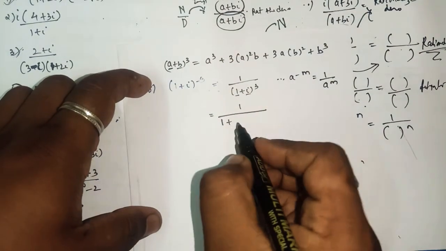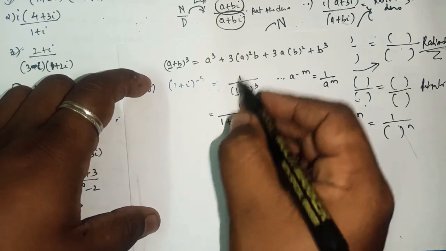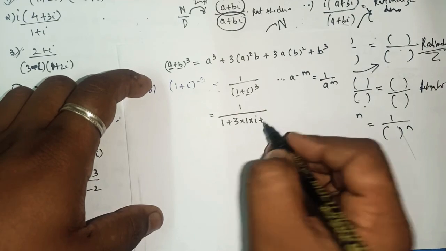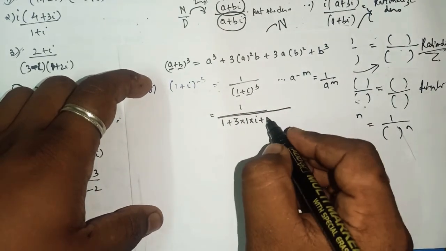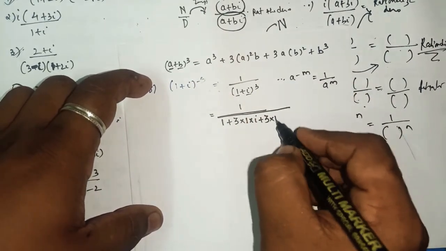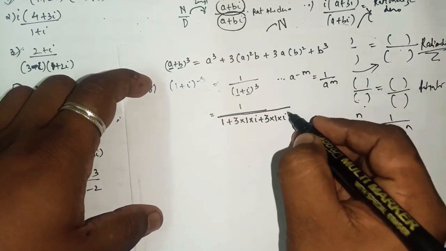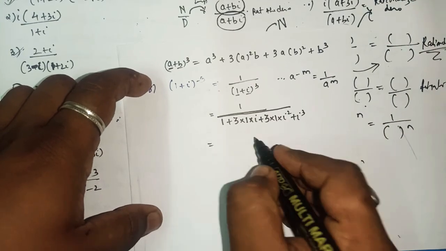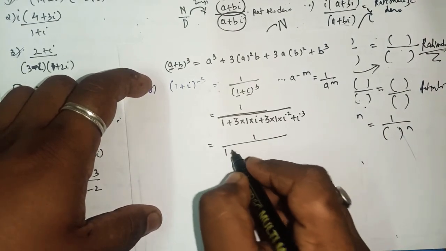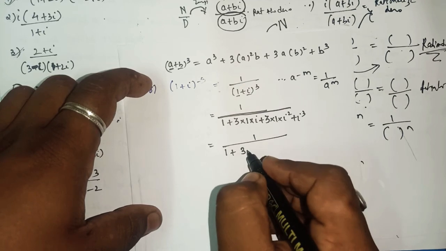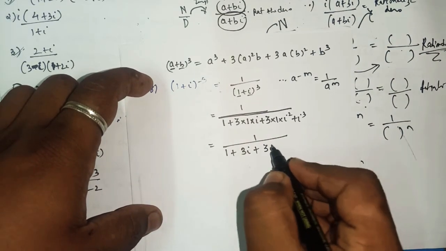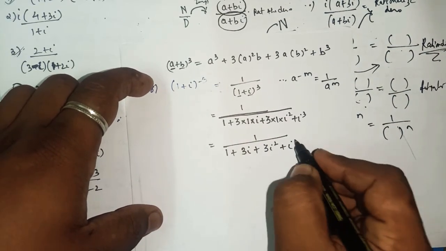So 3 into 1 square is what? 1 into b is what? i, plus 3 into a is what? 1, b square, so i square, plus b cube, so i cube. Yes or no? So this will be 1 upon 1 plus 3 ones are 3, this is i. Yes or no? So this will be what? 3i square plus i cube.